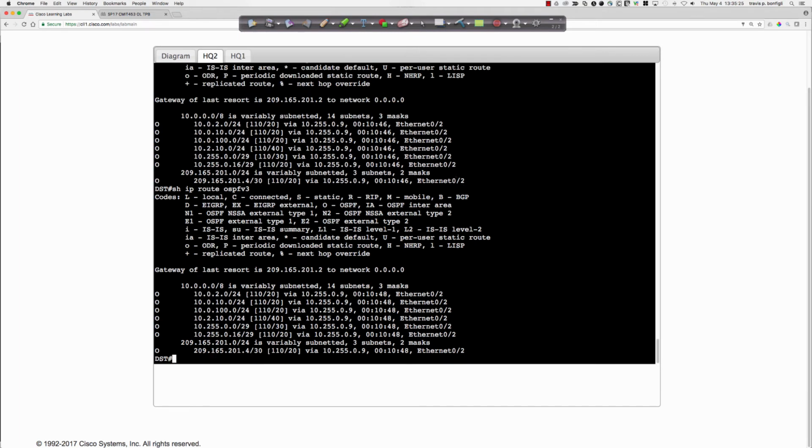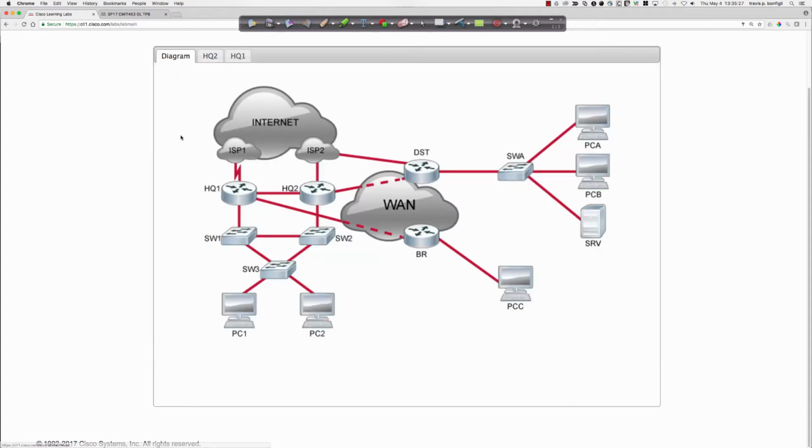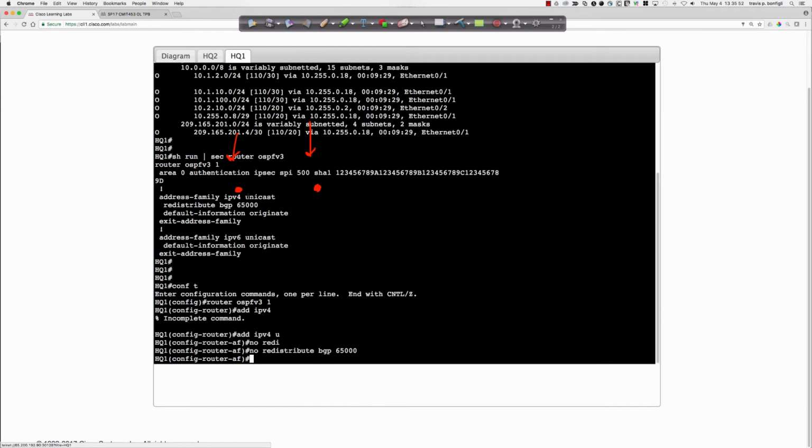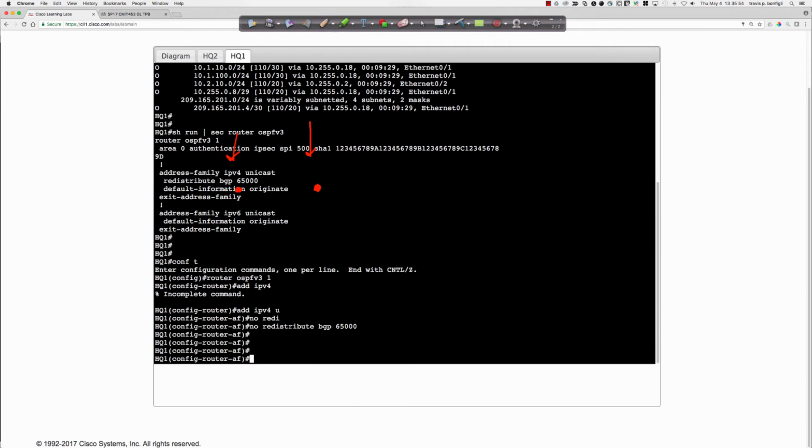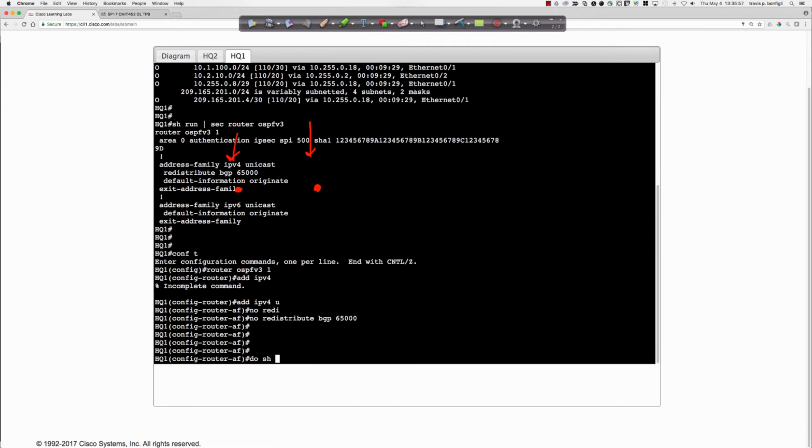Now, when we look at this architecturally, from a design perspective, what we had was we were redistributing information from HQ2 and HQ1 into OSPF. And typically, we don't want to do that, right? So with the ISPs, what we should be getting, and I can quickly check this, we'll leave our drawings on there, do show ip bgp.